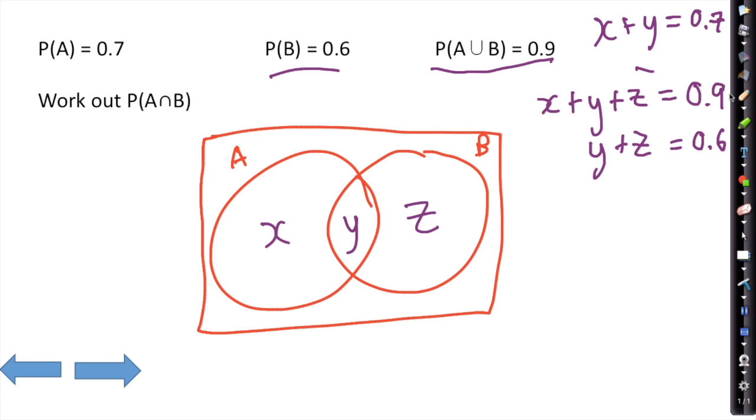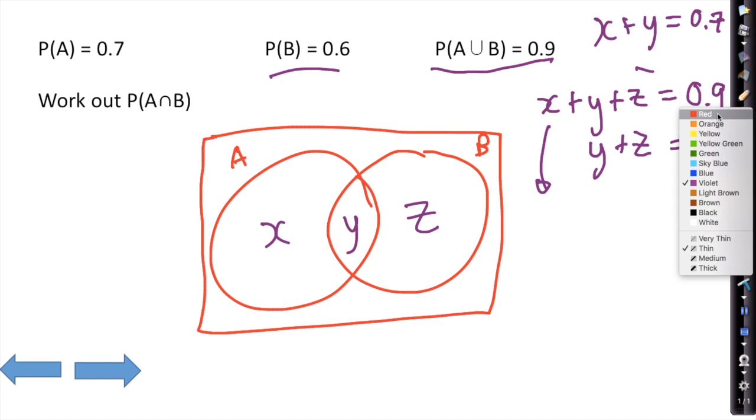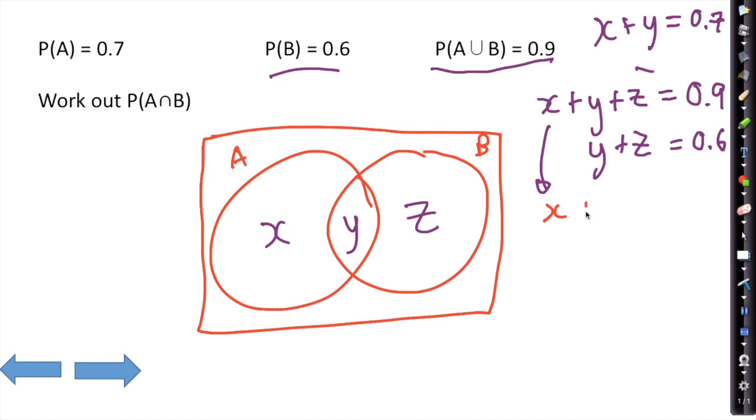Notice here, partially because of the way that I've written it, it's quite easy to see that we can substitute Y plus Z for 0.6. We know Y plus Z is 0.6, so let's take this down here in a different colour: X plus, and this bit here, Y plus Z, which is 0.6, so plus 0.6, equals 0.9.